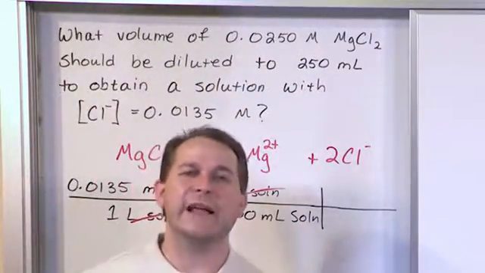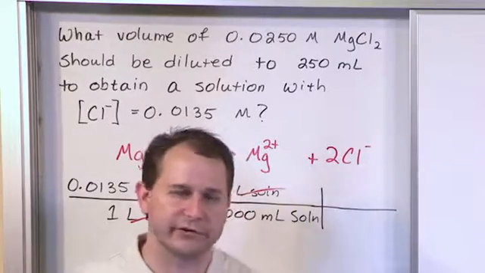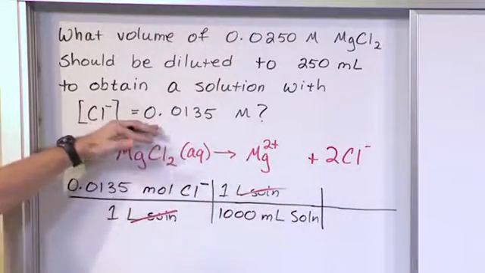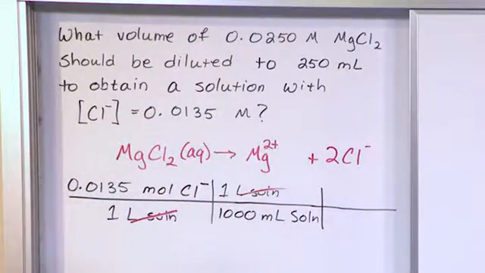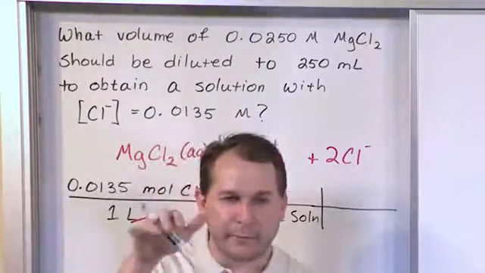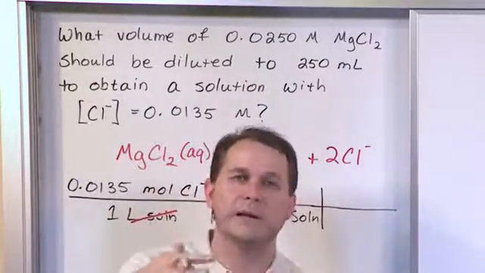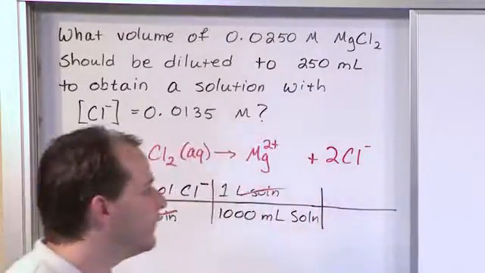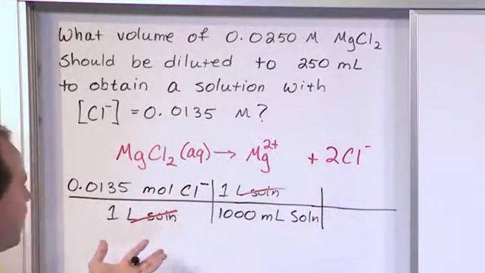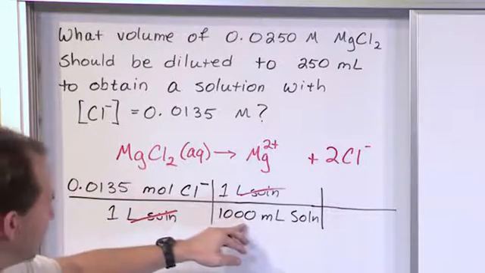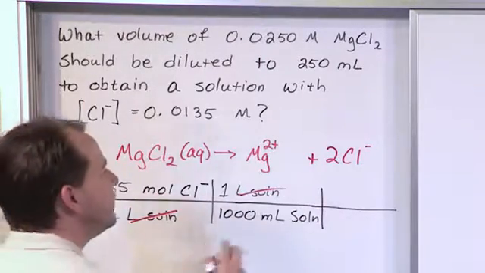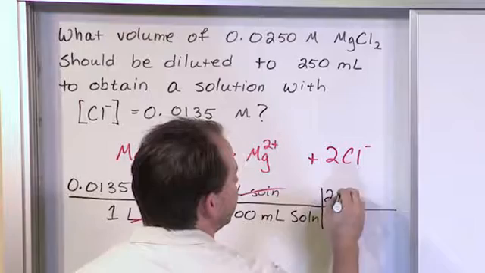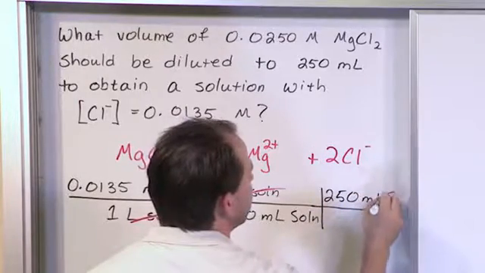And I know that in that 250 milliliters of solution, the concentration of chlorine ions must be this. All right? But I know that the final, when I do my experiment and fill it all up, I know ultimately I'm going to have 250 milliliters in a bottle of something. So that's obviously very, very important. I know the concentration of chlorine here, but what I need to do is multiply by 250 milliliters of solution.